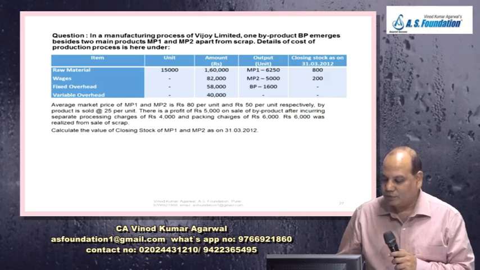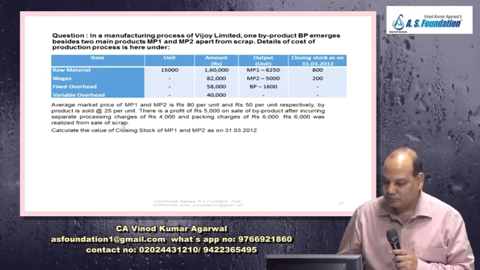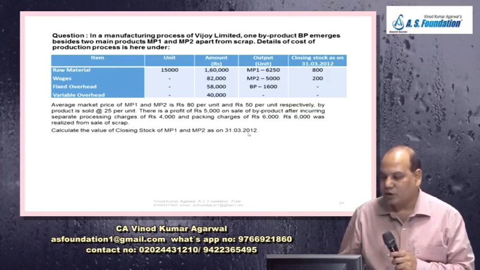There is a profit of 5,000 on the sale of the byproduct after incurring separate processing charges of rupees 4,000 and packaging charges of rupees 6,000. Rupees 6,000 was realized from the sale of the scrap. Calculate the value of closing stock of MP1 and MP2 on 31st March 2012.